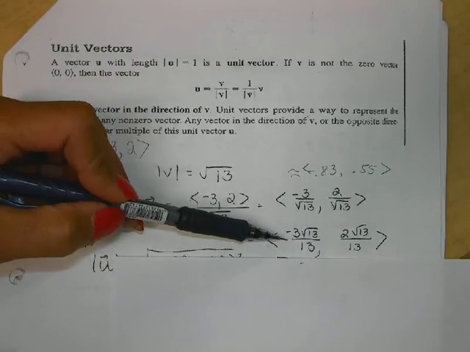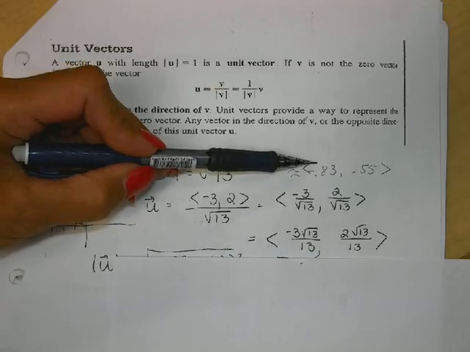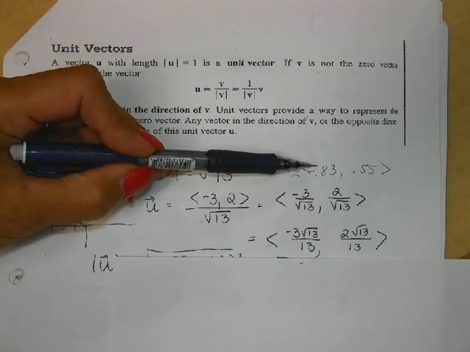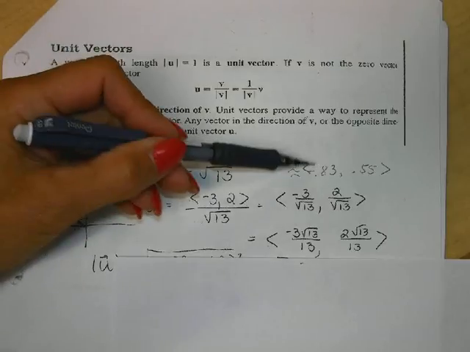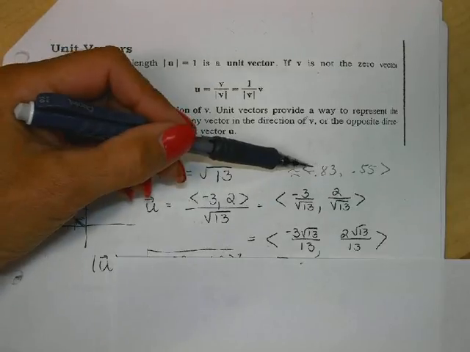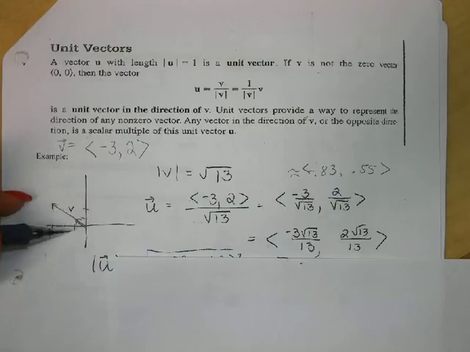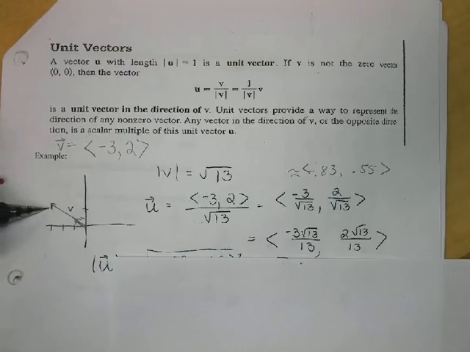Now if I divide and get a decimal approximation, I found that to be -0.83 and about 0.55. I can see a little bit better that this is in fact going to be only approximately 1 unit long. If I go over left, -0.83, and up 0.55, I can see that it is pointing in the same direction as v, and it does appear to be only 1 unit long.